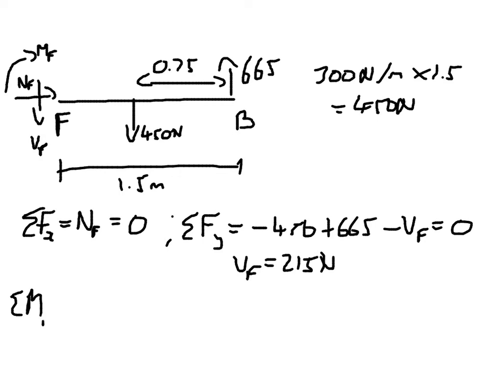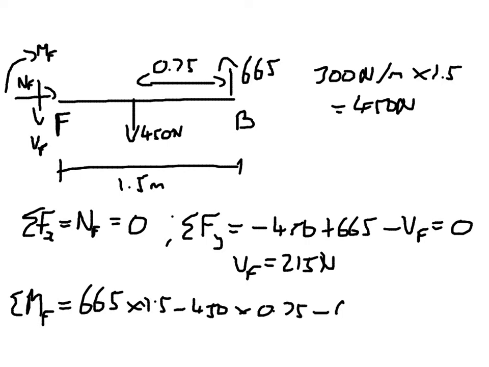That should be point F. That equals 665 times 1.5, and that's going anti-clockwise, so it's positive, minus 450 times 0.75, and it's a minus because it's trying to go clockwise, minus MF equals 0. So we can say MF equals, am I going to run out of room? I don't think so, 660 newton metres. That should be an Nm.